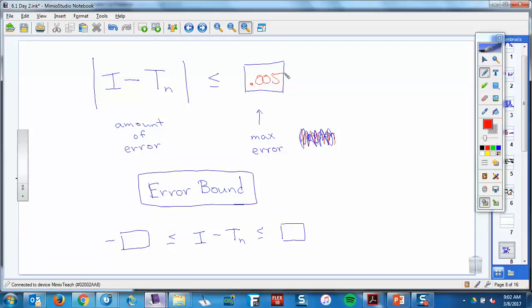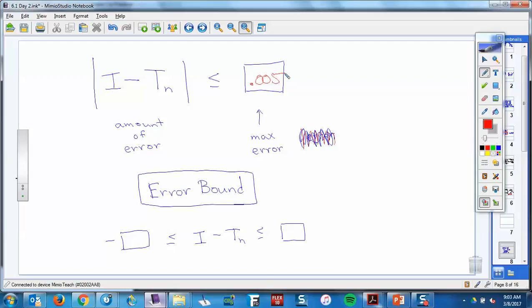So what we're going to lead towards, and we're going to do this tomorrow, is figure out how many rectangles, or in this case, how many trapezoids it would take where I know I would be off no more than that. Remember what I said yesterday: how does a calculator know it's got 12 decimal places of accuracy?